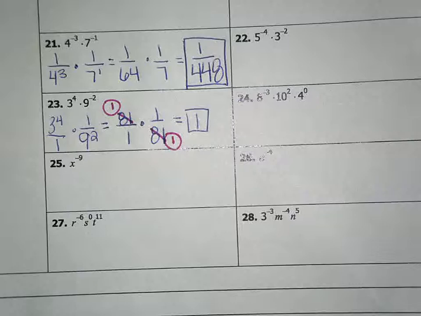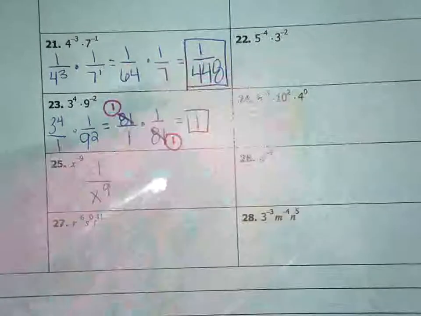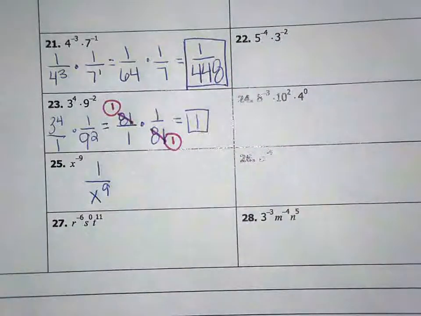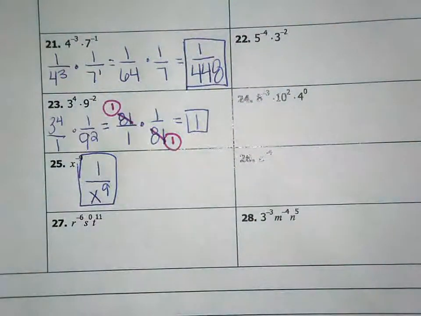Haley, how would you write it? 1 over x to the 9th power. Very good. Question, can I solve this? No. Which means my answer is that. I can't do anything else, so that's all it is. I don't know what x is, I cannot solve it.